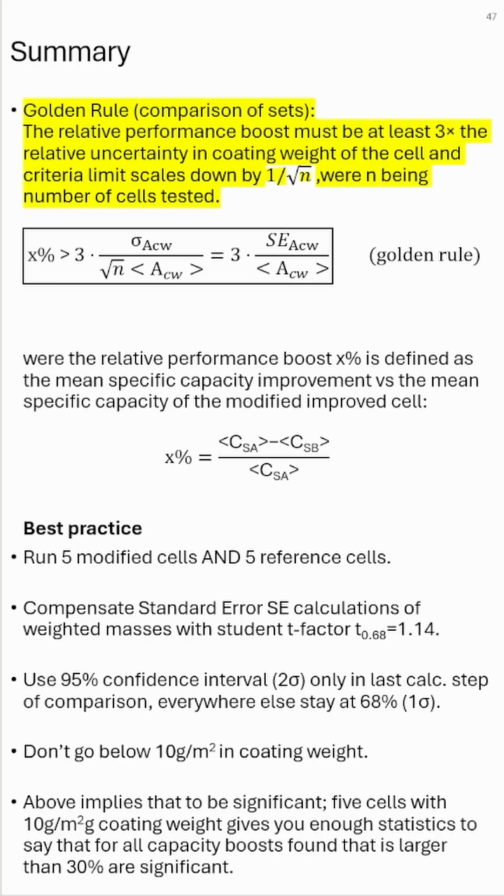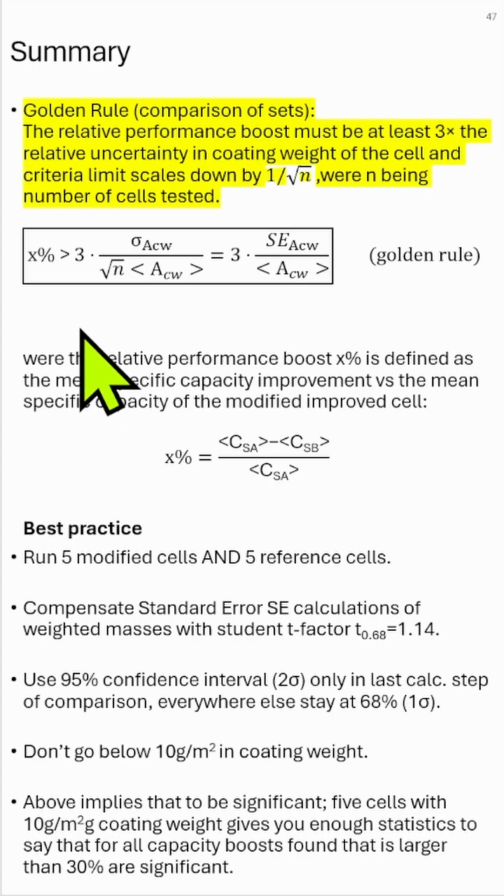So, the golden rule comparison of sets that I have demonstrated shows that the relative performance boost must be at least 3 times the relative uncertainty in the coating weight of the cell. And this criterion scales down by 1 over square root of n, where n is the number of samples being tested. That is the golden rule.